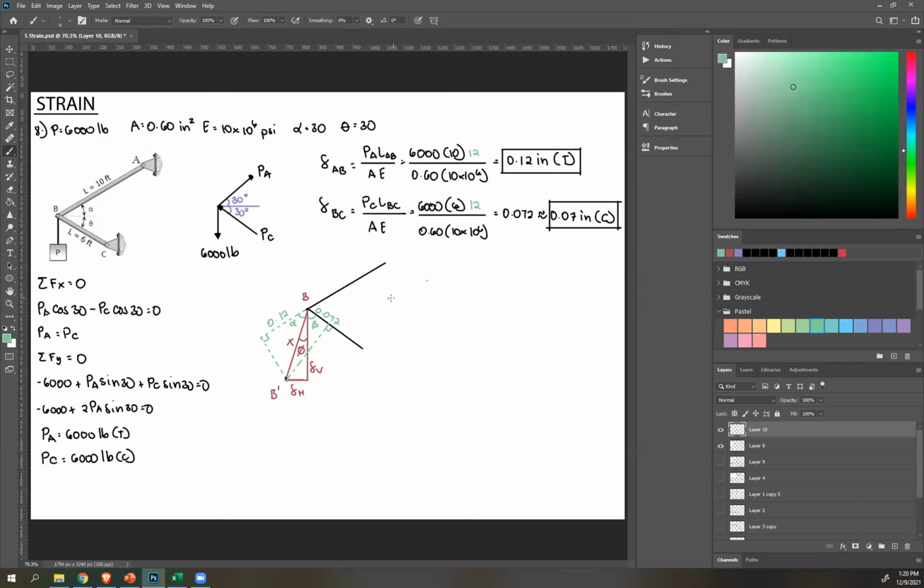I'm going to draw a shorter version so that you can see clearer what's happening. Okay, this is the x, right? This is your alpha. This is 0.12. And then same thing here. Okay, I'm going to isolate this part. This is your 0.072.